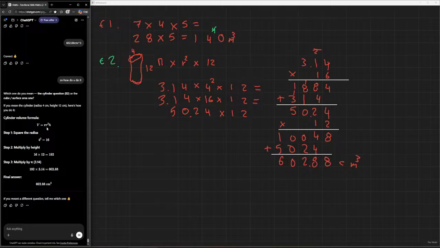Volume is pi r squared times the height. But you see here what is confusing me, like in a circle you have something like this, and they tell you this is the radius.